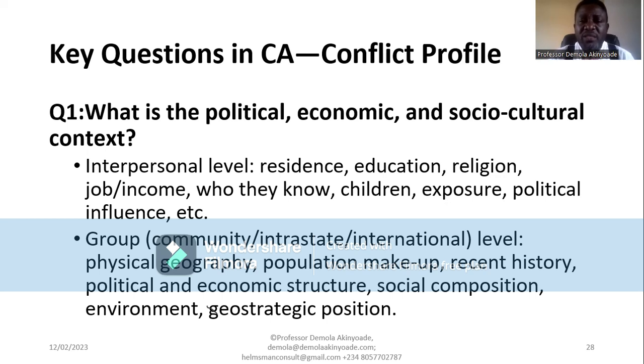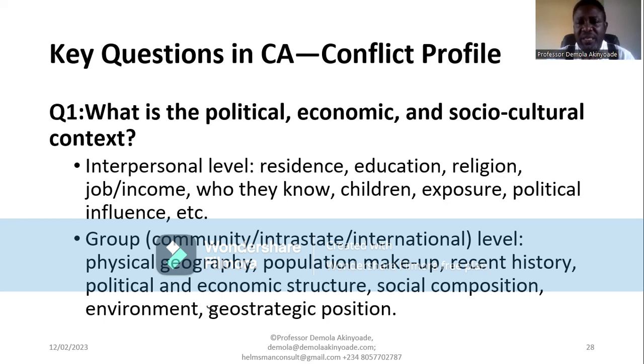So I just said those things to see how we relate some of the things I've been learning to real life situations. So now we want to proceed with using PCAG to look at the conflict between APC, PDP, and Labour Party. That definitely is an intergroup conflict.